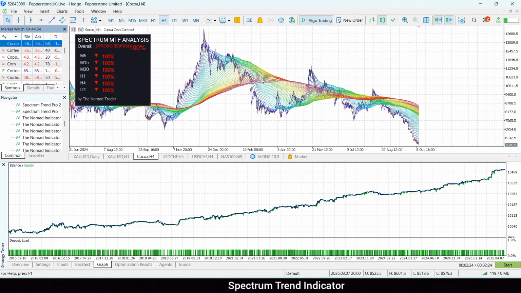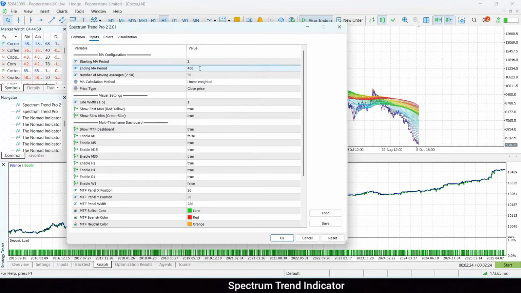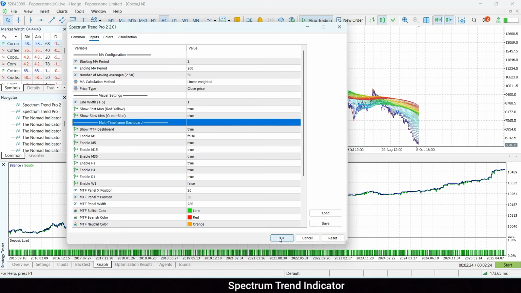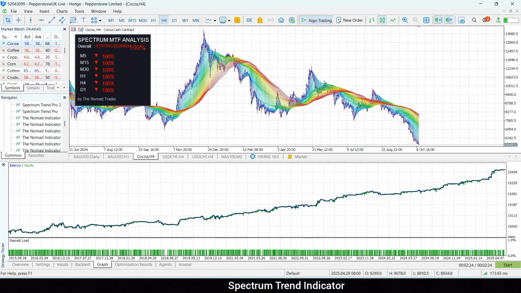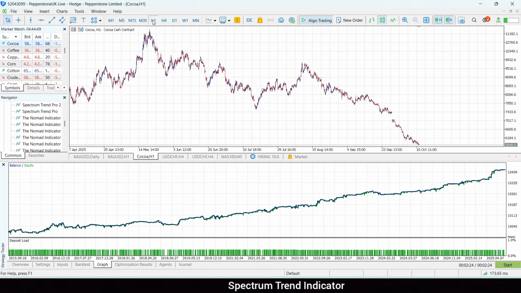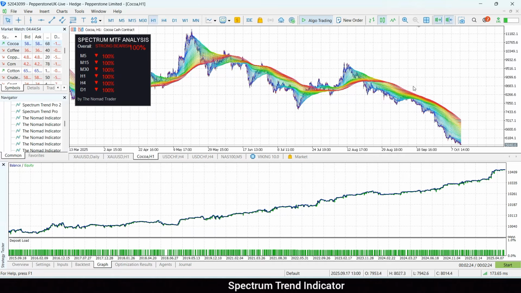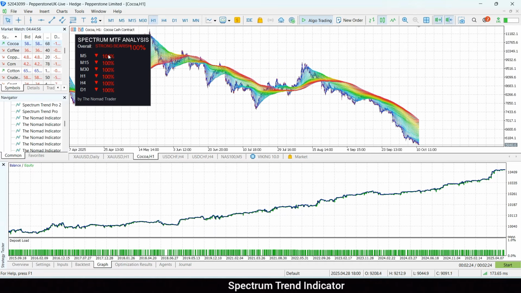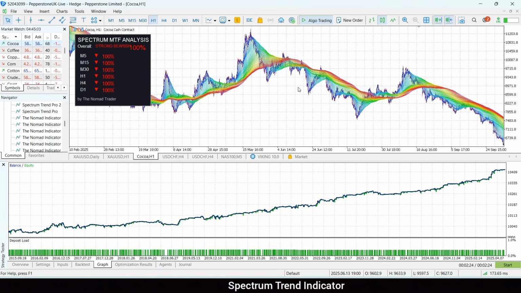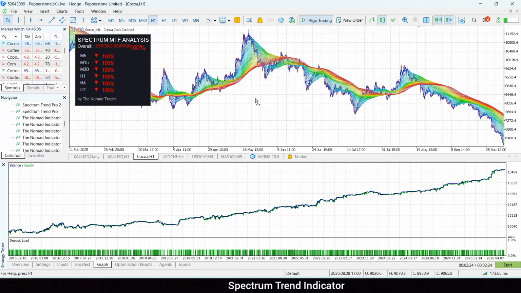Let's see the bearish trend this way, but I actually want to see it in a 200, for example. This is my favorite. Yes, it is completely bearish actually. And here basically all the lower time frames and higher time frames are aligned, which is very rare. So very interesting.